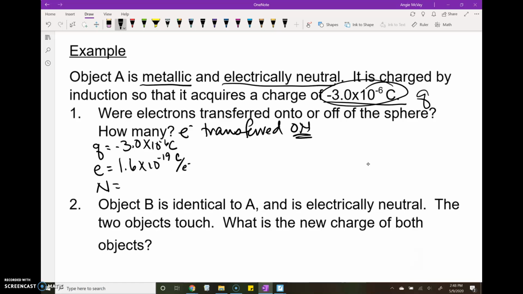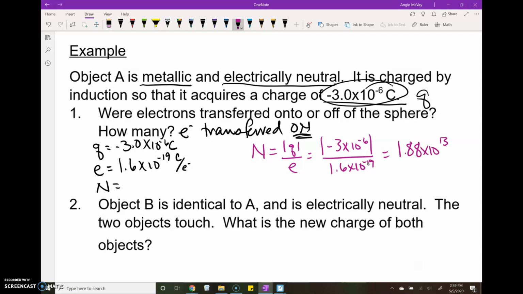So we can simply use N equals the absolute value of Q over E, negative 3 times 10 to the minus 6 over 1.6 times 10 to the minus 19. And we end up with 1.88 times 10 to the 13 extra electrons.